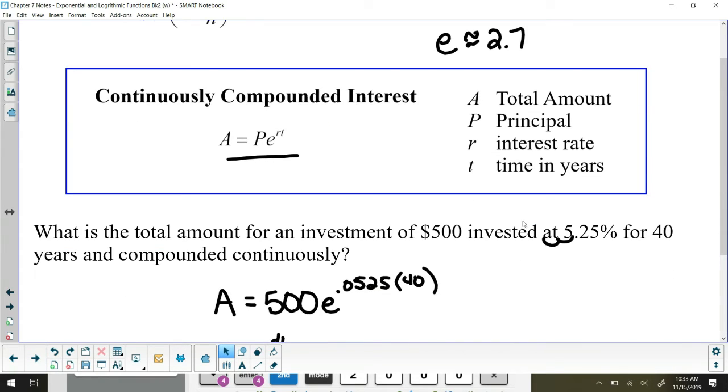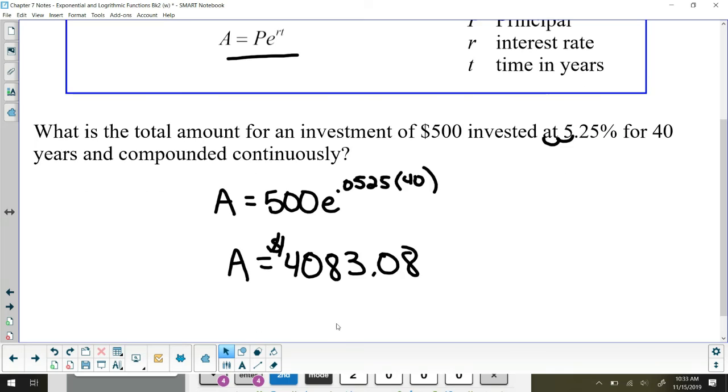So we do it again for this one. A is equal to 500 e to the power of 0.0525 times 40. When you type that into your calculator, you get $4,083.08.